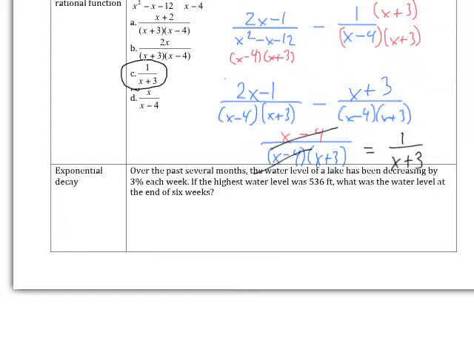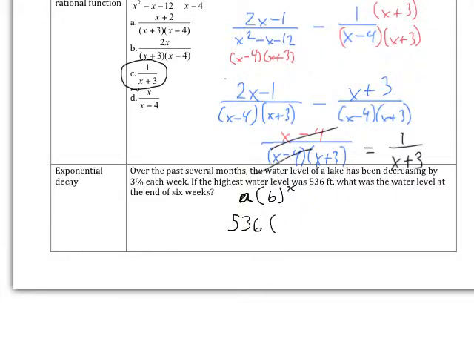The basic setup for this problem is understanding that it's exponential, which means it should fit the format of a starting value, I'm writing A, times some sort of growth rate, I'm just going to put B for that, to the x power. So with that in mind, A is the starting value, which in this case the water level was 536 feet. So I'd put that as my A value.